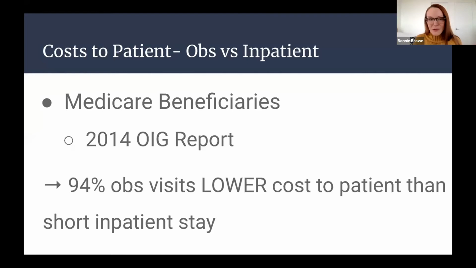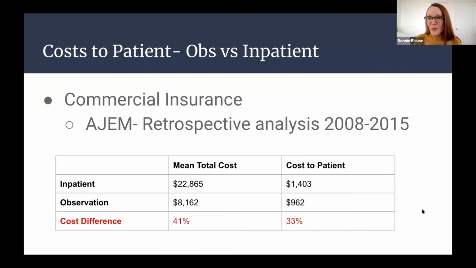So about 6% of them might have higher costs. Those are probably the patients that are in there for a longer period of time, or are getting procedures that are more costly. And then what about commercial insurance? The American Journal of Emergency Medicine did a retrospective analysis over a 7-year period, and they found that the cost to the patient was about 33% less across the board.